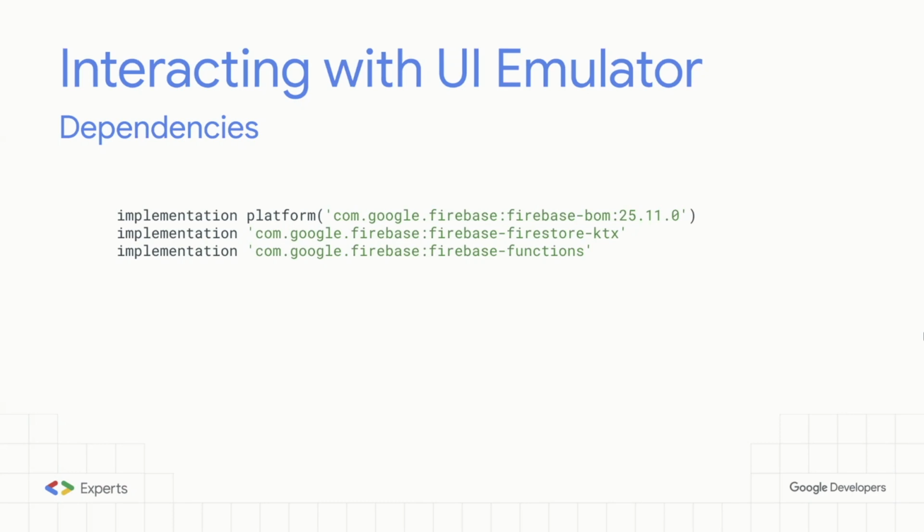It will pull all the latest versions. You can see there I have Firestore and Cloud Functions, and I'm not putting in a version number because it will just pull it. That's just an FYI, but you'll need these dependencies to interact with Cloud Functions and Firestore.